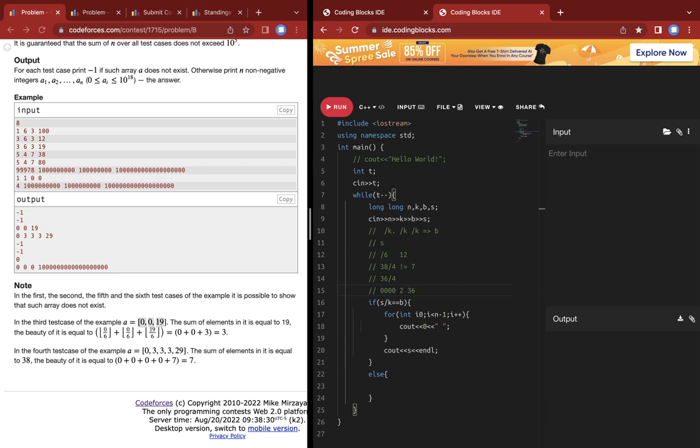So the sum is 38. And if we divide by 4, we just get 7. No, we don't get 7. So we need 28 instead of 36. We need 28 or lower number.